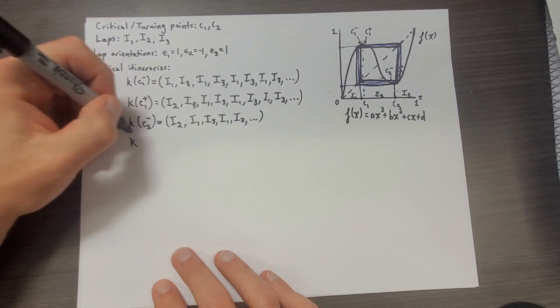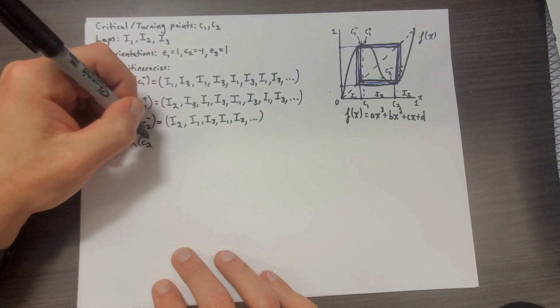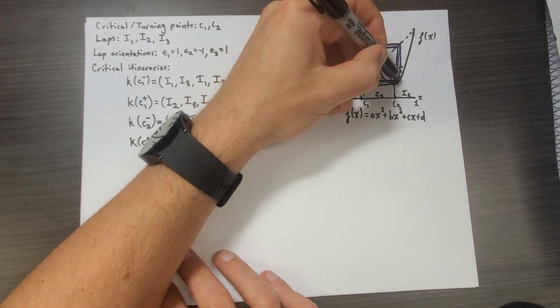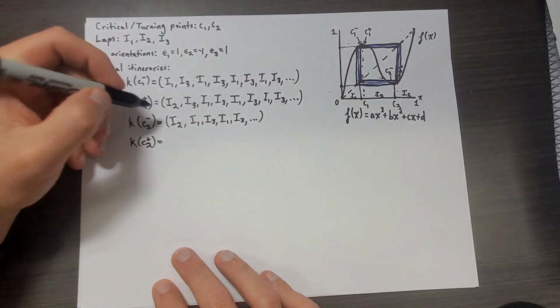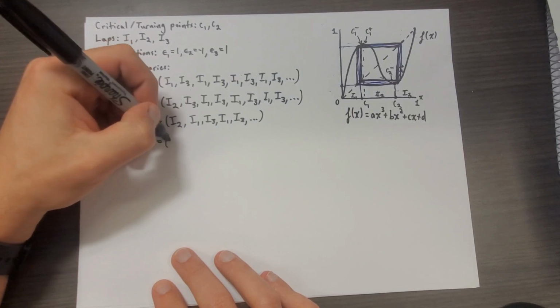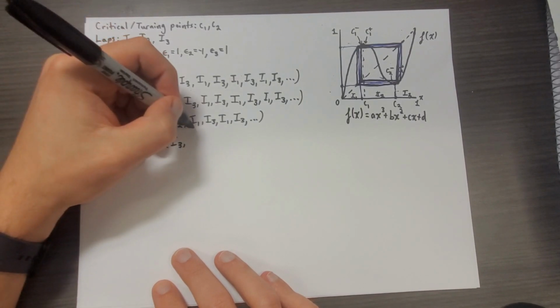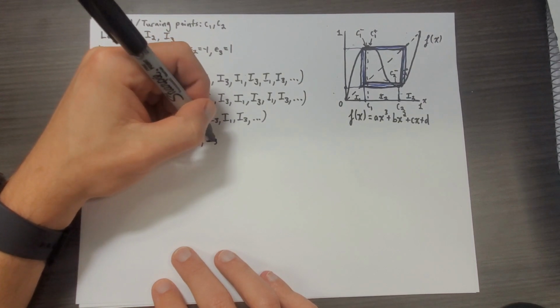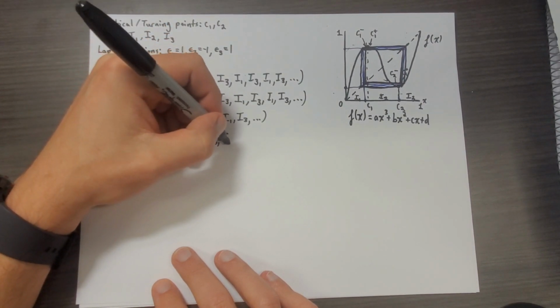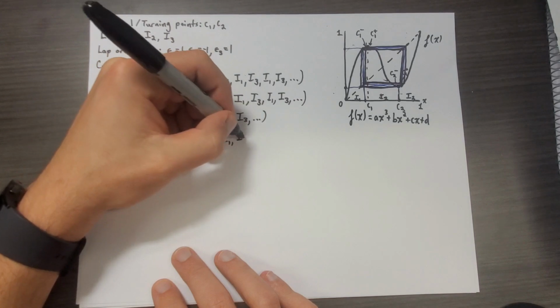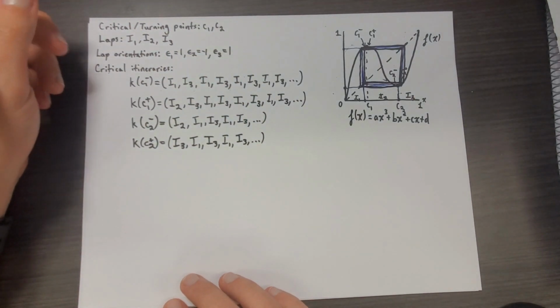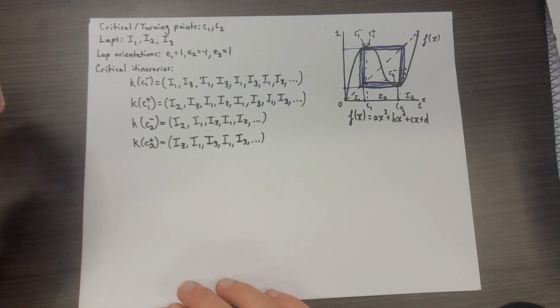Similarly, C2 plus is going to start in I3 because it's on the right side of C2. And it's going to map to I1, and then that's going to map to I3, just that point. I1, I3, and so on. So those are the critical itineraries of this map.